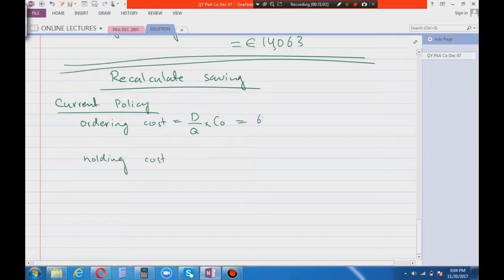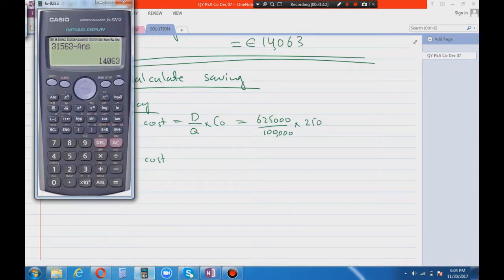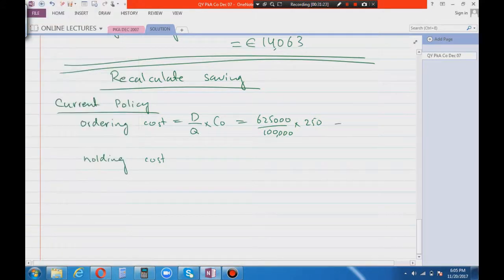So it's 625,000 demand divided by 100,000 quantity multiplied by cost of one order 250, and that would be 1,563. We have already calculated this one. And holding cost, because we ignored minimum inventory, would be average inventory multiplied by cost of holding 1 unit for 1 year, and the average inventory is Q divided by 2, quantity divided by 2 multiplied by CH.